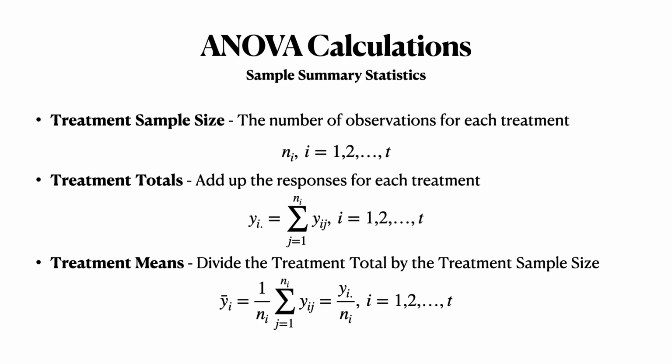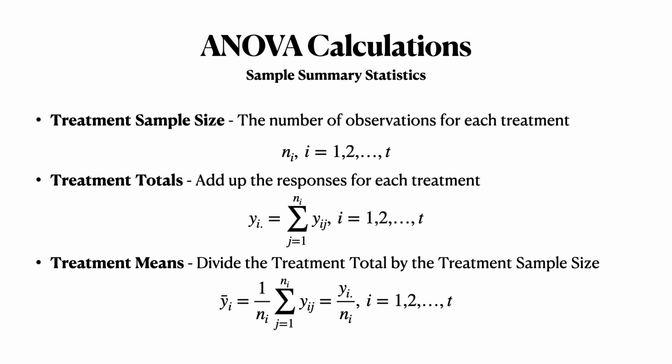We'll need the treatment sample sizes. And so the number of observations for each of the treatments, i going from 1 to t, will be denoted by n sub i. So n sub i is the number of observations receiving treatment i, going from 1 to t. We'll also need the treatment totals. And so to get this, we add up the responses for each treatment.